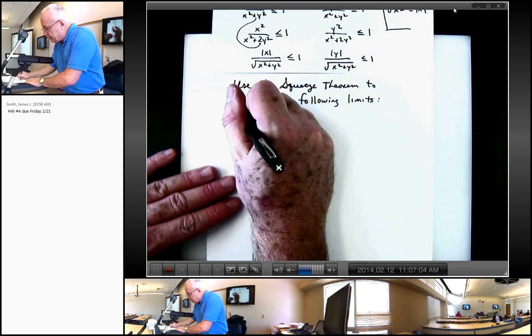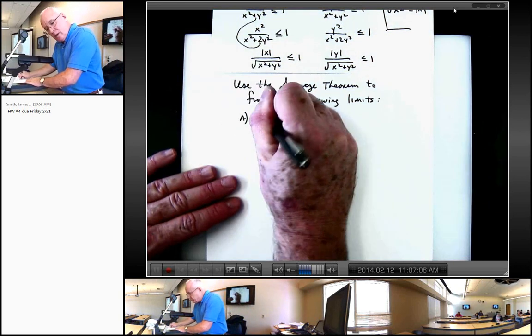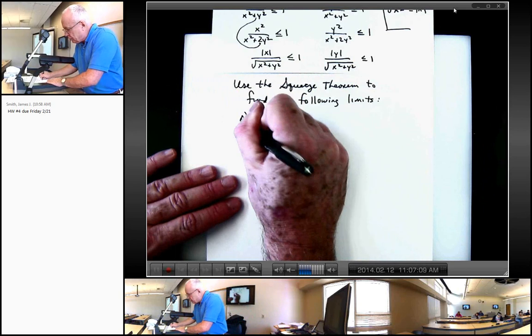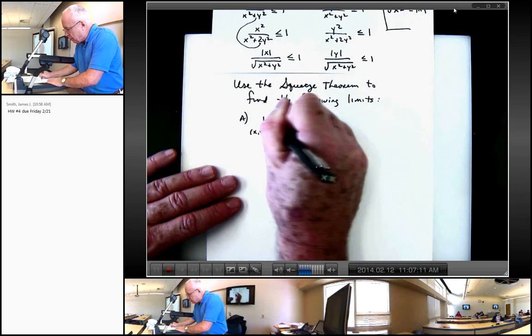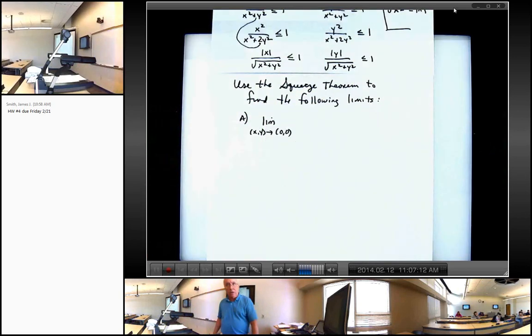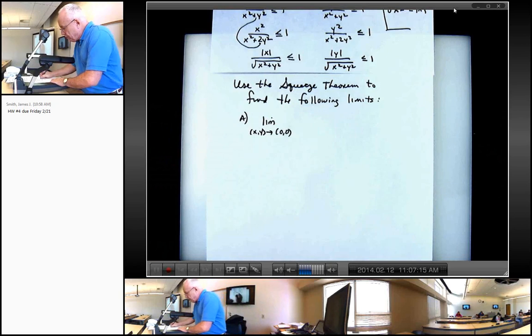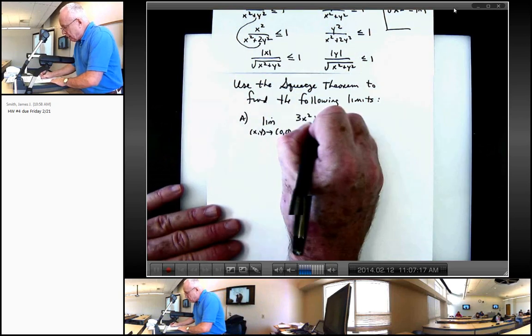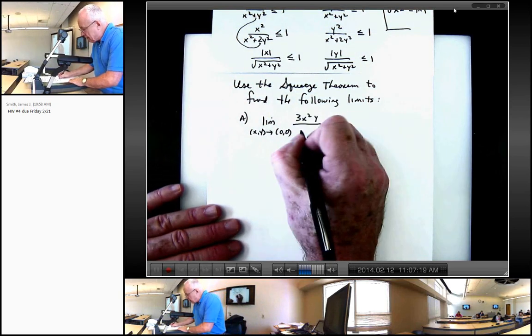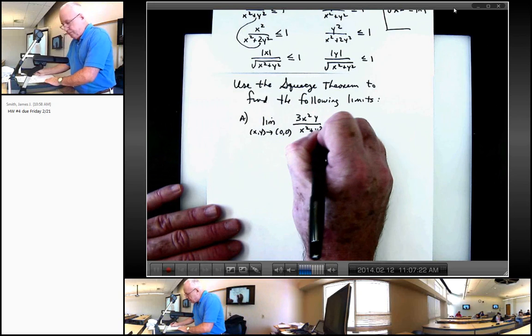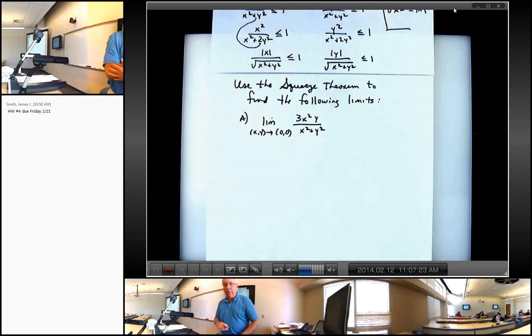For the first example, we're just going to restrict ourselves to xy approaching 0, 0 of 3x squared y divided by x squared plus y squared. Now we want to use the squeeze theorem.